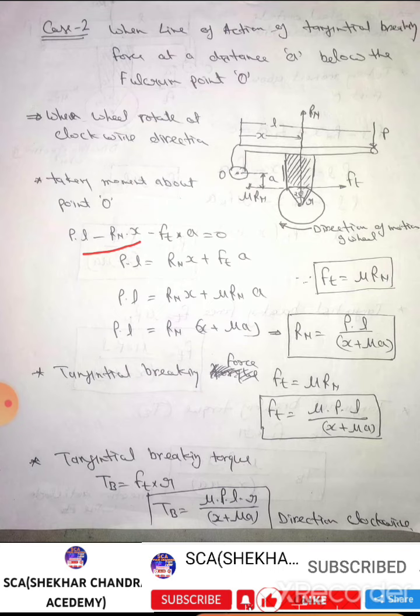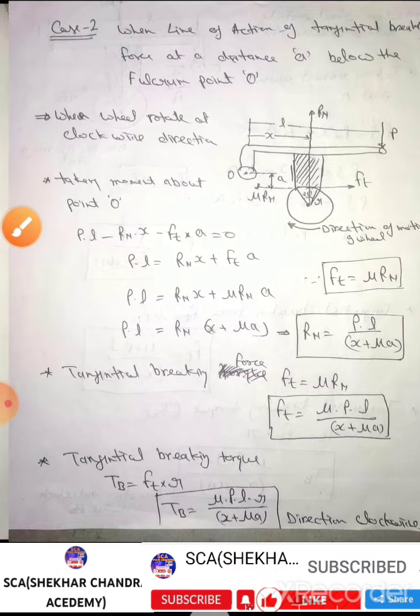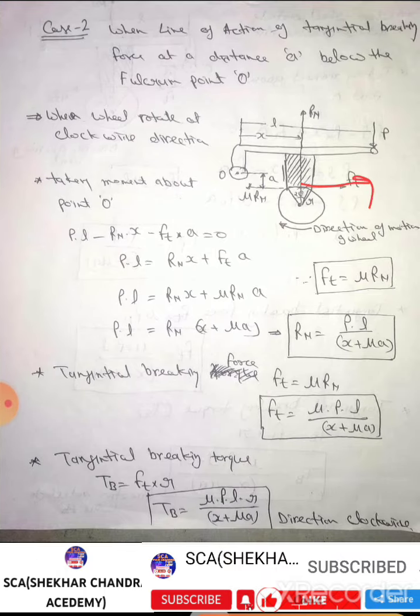And the third couple is tangential force Ft. Ft is applied towards the right side and its perpendicular distance about the rotation is a. So the couple value is Ft into a.